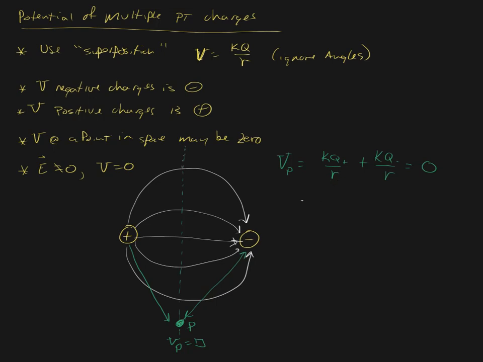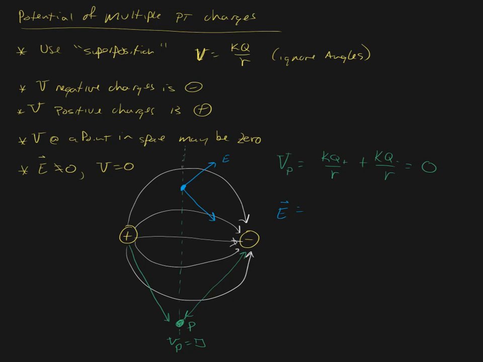Okay, now, the electric field, on the other hand, because it's a vector, does not add to zero. Because if you look at any point, let's say this point, then the electric field due to the positive charge points up and to the right. The electric field due to the negative charge points down and to the right.